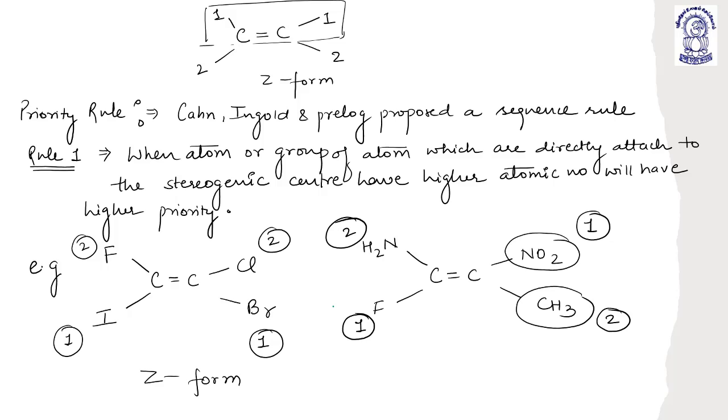Now you can see fluorine and NO2 are on the opposite side, meaning Entgegen, that is E form.